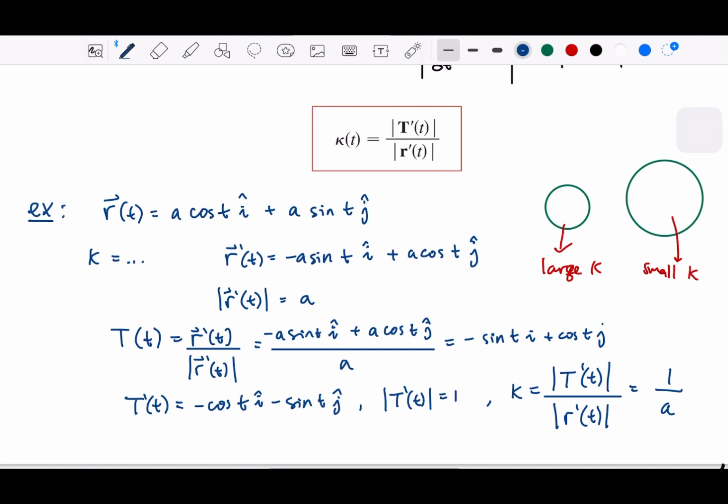This is because the curvature at the end of the day for the circle is 1 over the r. And since r2 is greater than r1, we can say K1 is bigger than K2. The curvature 1 is bigger than curvature 2.